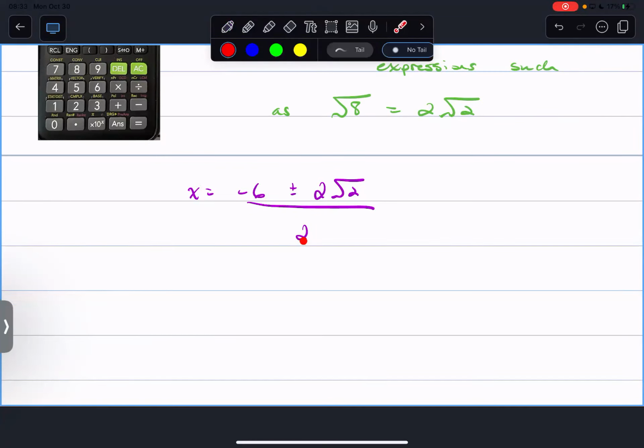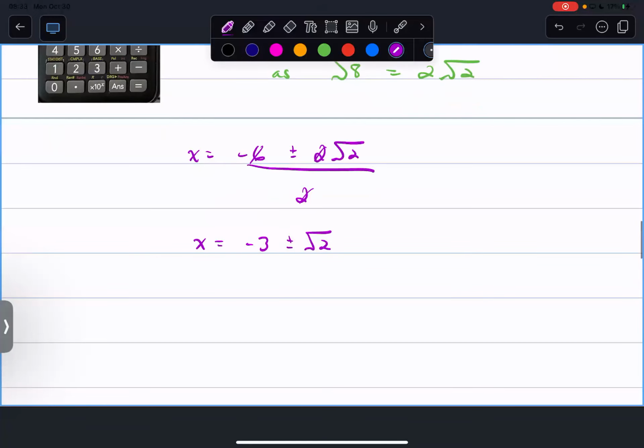I'm only allowed to cancel this 2 if I can do it from each of the terms, if they're adding or subtracting up here. So I get X is -3 plus minus root 2. Not a nice root.